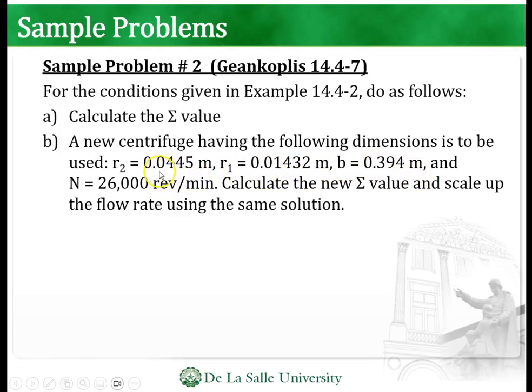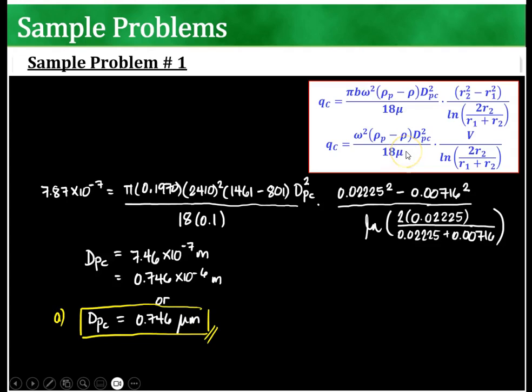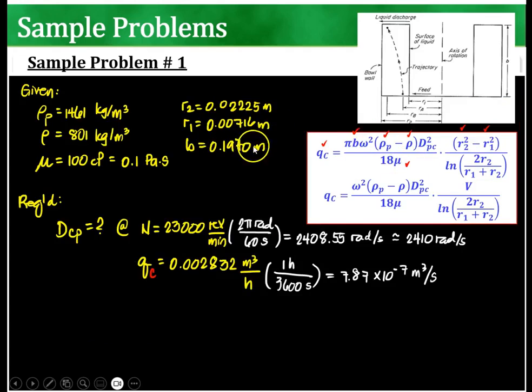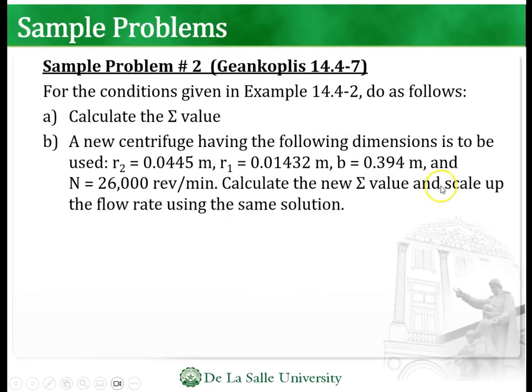Earlier, if you remember, 0.02225, this is double the radius. And then 0.00716, again, this is double. The B that we have was 0.1970, and this one is double again, right? But the number of revolutions, instead of 23,000, it's 26,000.